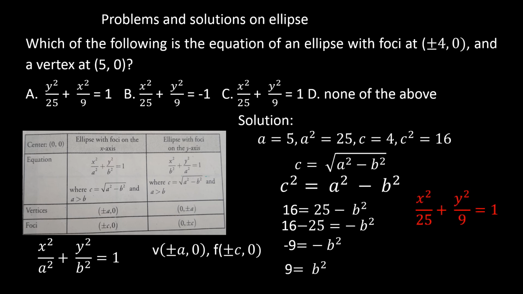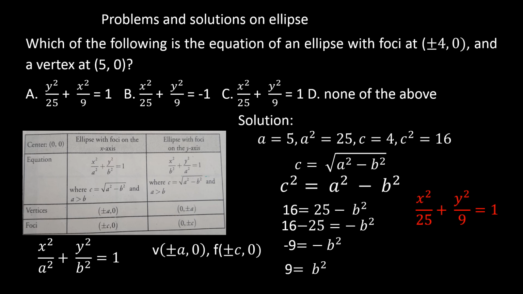So finally, we have the equation. From the original one, in the first equation, we have x squared over a squared. We will replace a squared by its value, which is 25. So that's why we have x squared over 25. And in the second term, referring to the denominator, we have b squared.